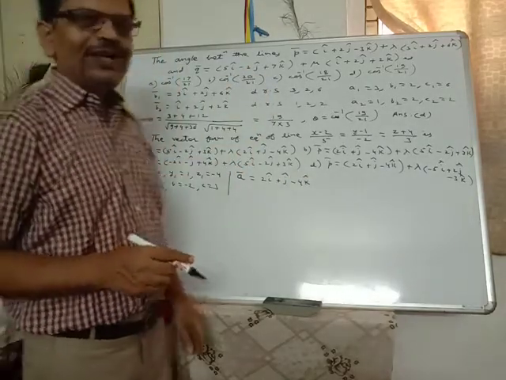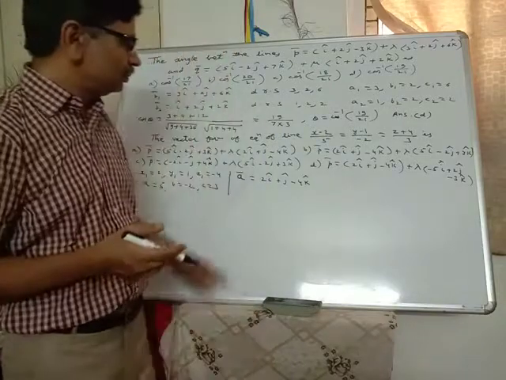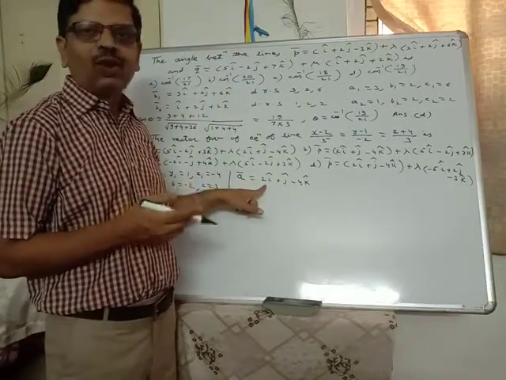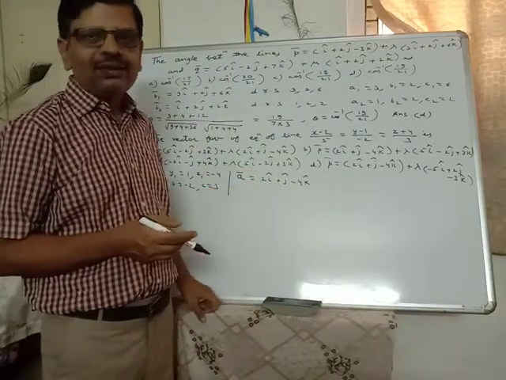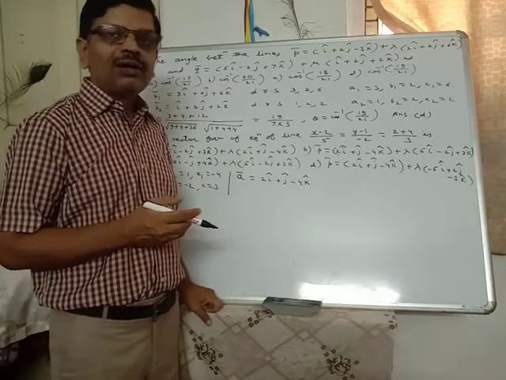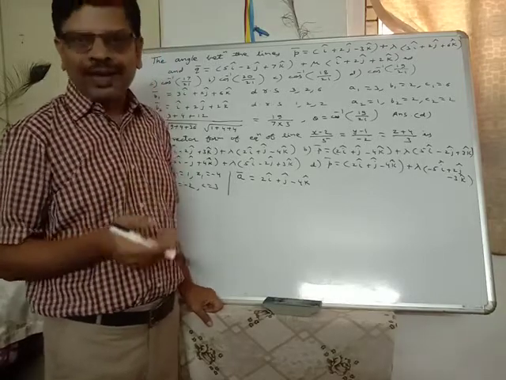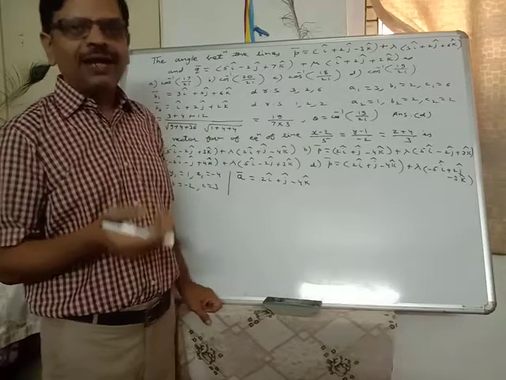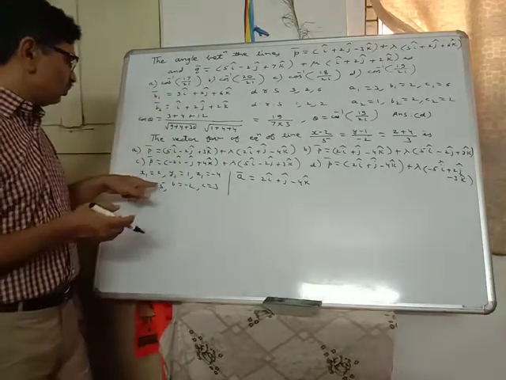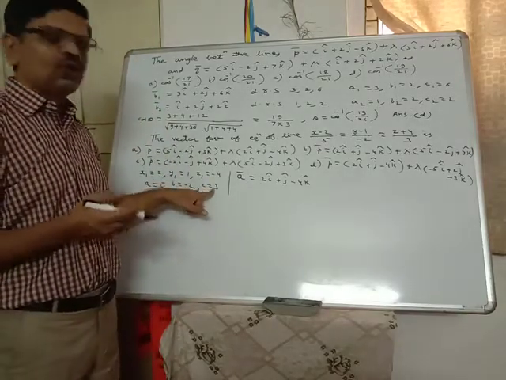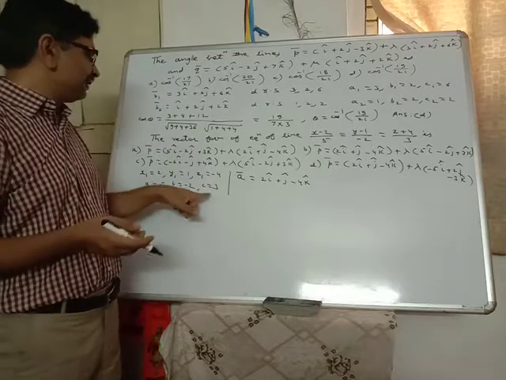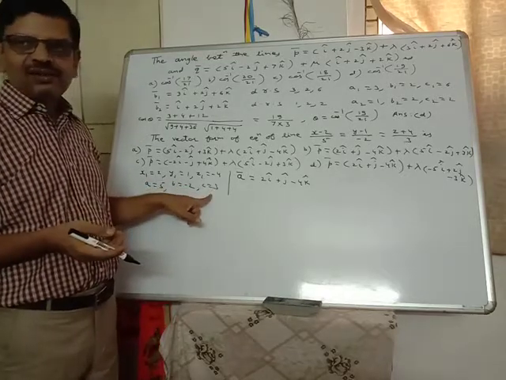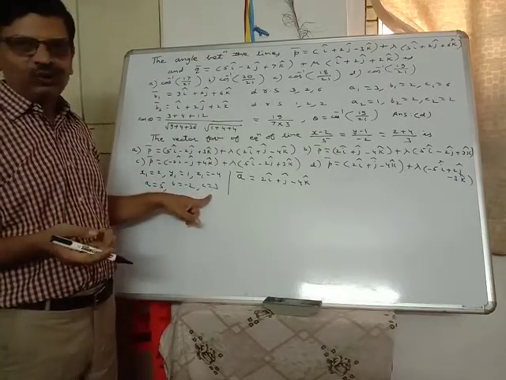To get equation of line in vector form, we have got position vector of one point on the line, but still we want a vector parallel to the line. To get a vector parallel to the line, we know direction ratios of line. From direction ratios of line, we can write a vector parallel to the line.